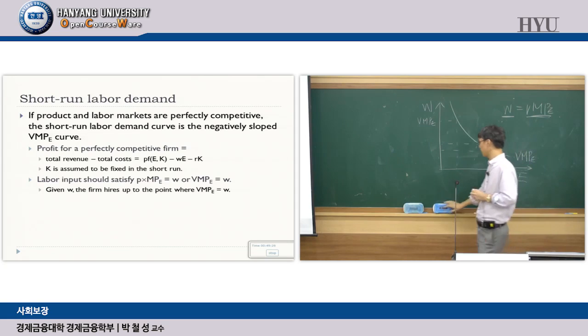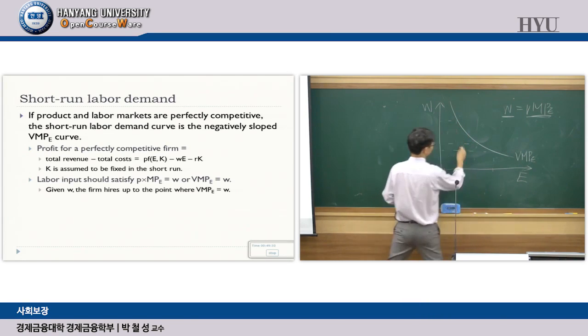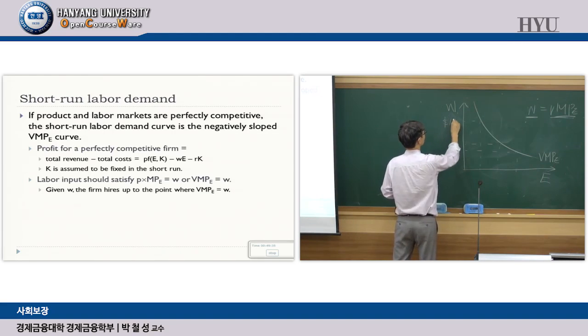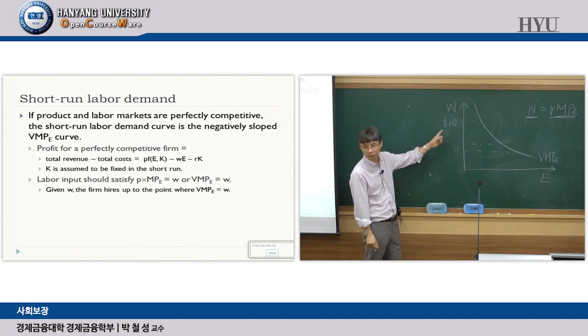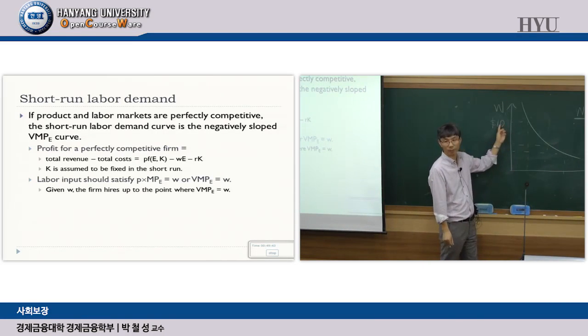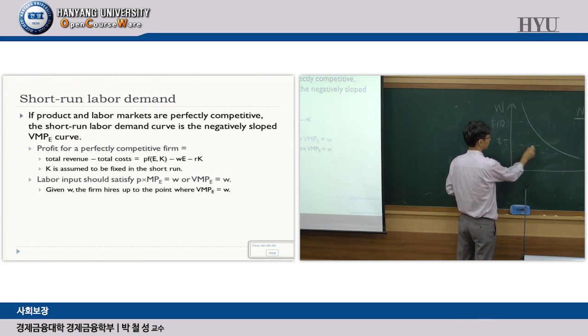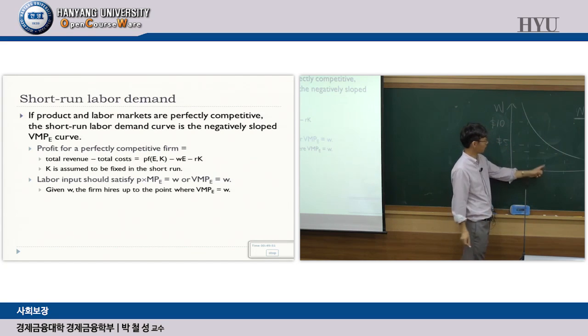Which means that if you are given the VMPE line, let's say the wage is $10, you pick the employment level that makes your VMP equal to 10. If it's 5, you pick the employment level that makes your VMP equal to 5.